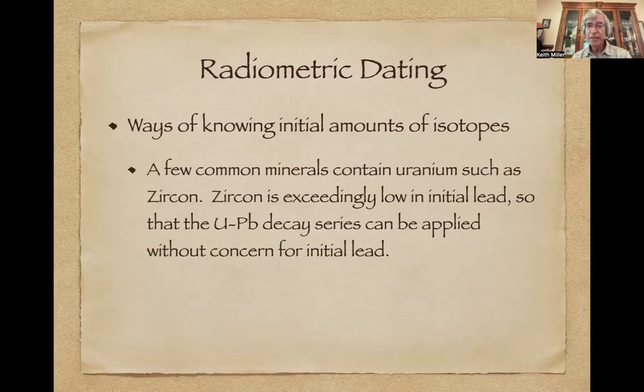Zircon is exceedingly low in initial lead. So again, similar to the potassium argon, there's very little initial lead in a zircon crystal. So again, the amount of initial lead can basically be determined to be zero. It's effectively zero.